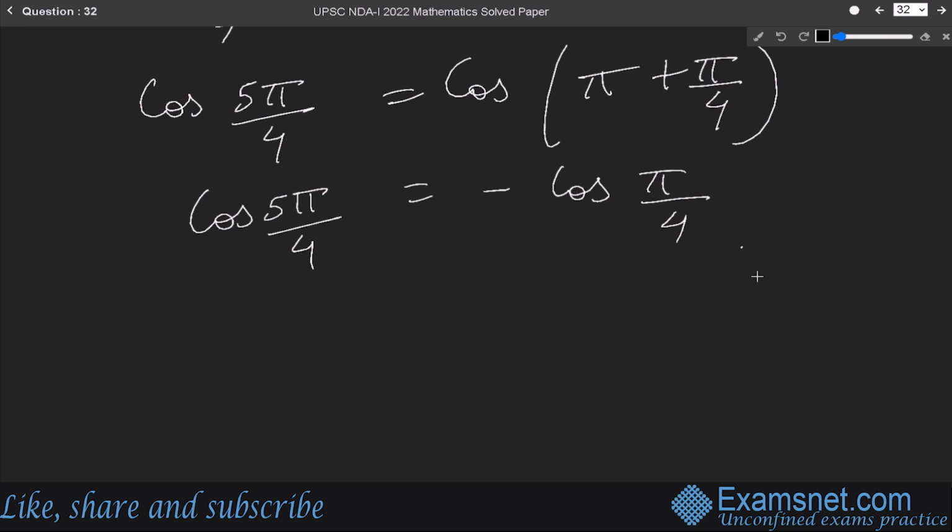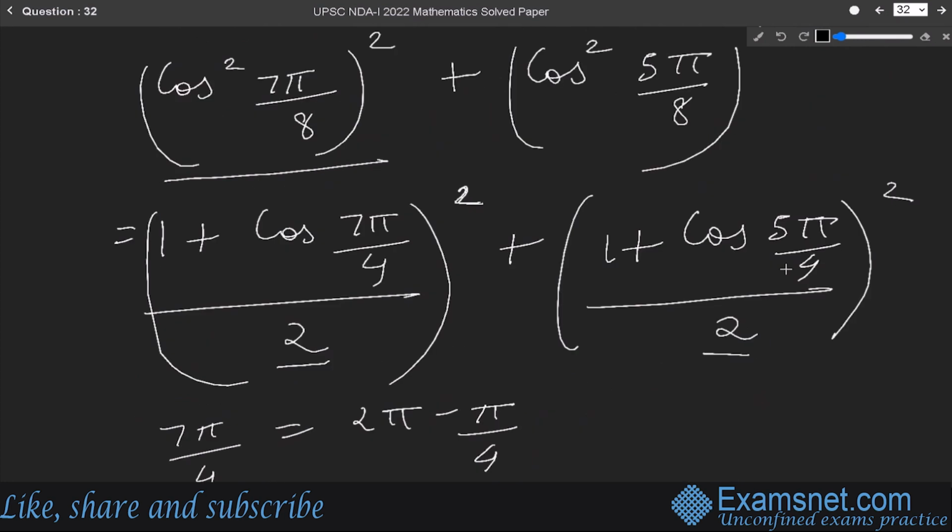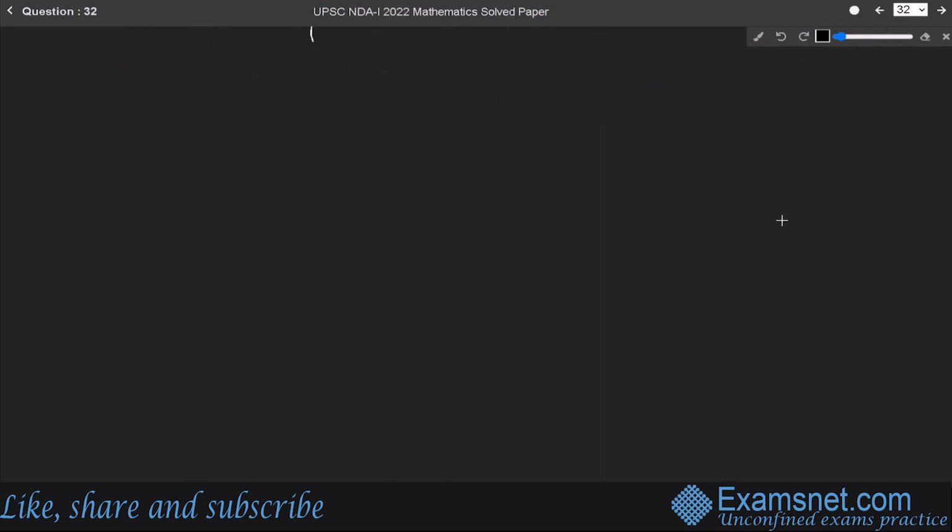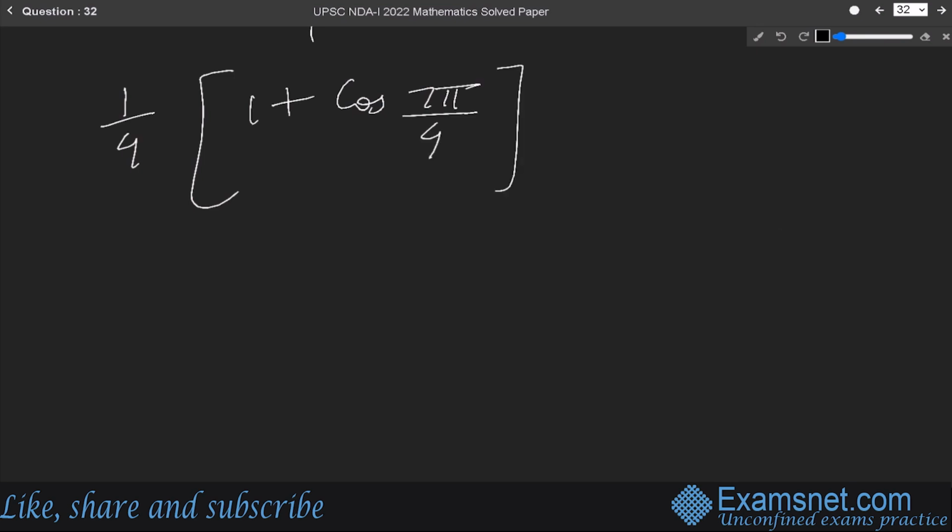Now the last step was this step. So from this step, if I take 1 by 4 common, then we will get 1 by 4 times (1 plus cos 7 pi by 4) whole square plus (1 plus cos 5 pi by 4) whole square.